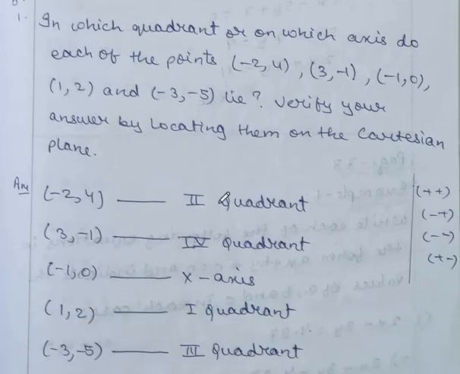As you know, whenever two mutually perpendicular lines are drawn, there will be four quadrants. In the first quadrant, the signs will be plus, plus.